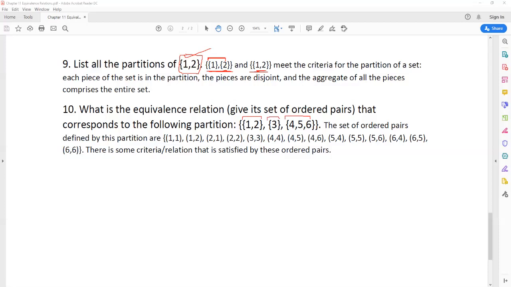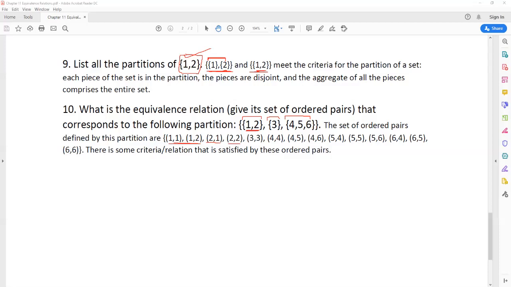Well, notice that 1 relates to 2, and 2 relates to 1. That would take care of this set of ordered pairs. And also, 1 relates to 1, and 2 relates to 2. How do I know that? Because if you can partition a set, then that means the set is an equivalence relation, which means that the reflexive property has to hold.